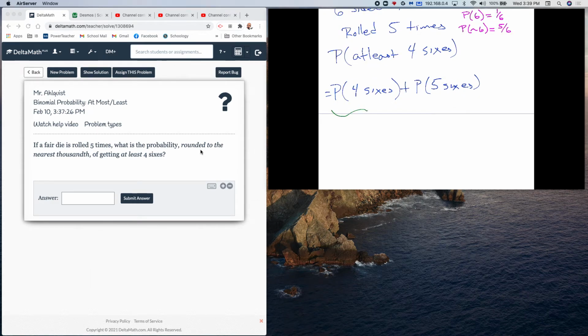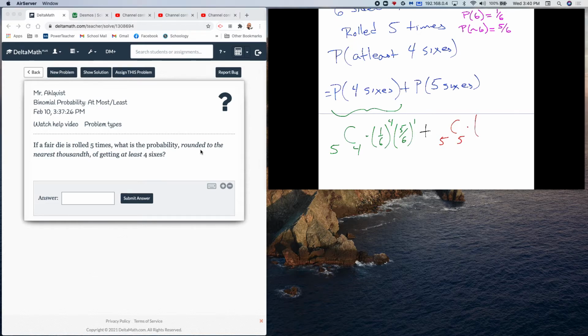4 sixes. So for this one, we're going to roll it 5 times. We're going to get 4 sixes. And that's 1/6 to the 4th, and that's 5/6 to the 1st, because that one time we don't get a 6 if we get 4 sixes. Plus, now we still roll it 5 times, only this time we're going to get 5 sixes.